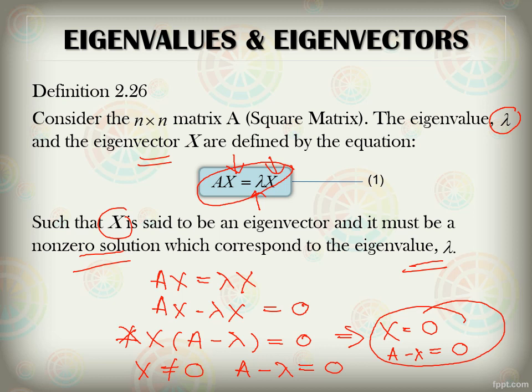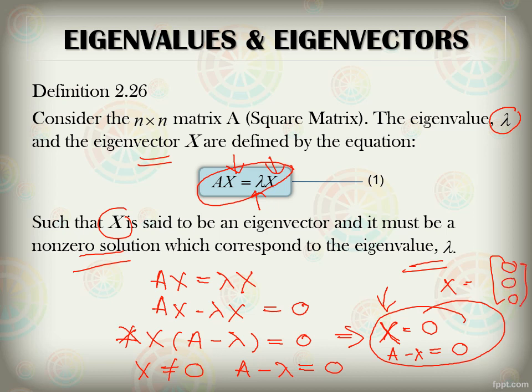But in the matrix, to find the eigenvalues and eigenvectors so that the system has a solution, we do not want our vector here, which is our x, to be the zero vector. We don't want x here to be 0, 0, 0.